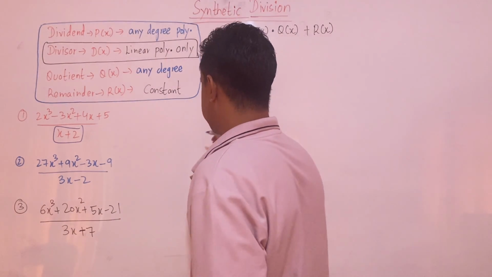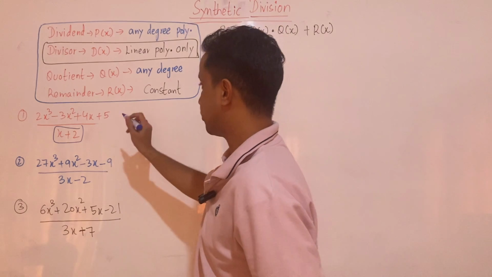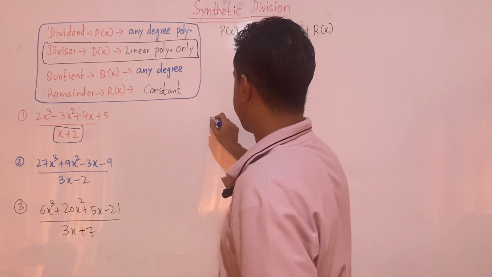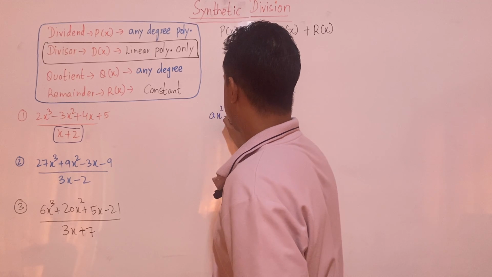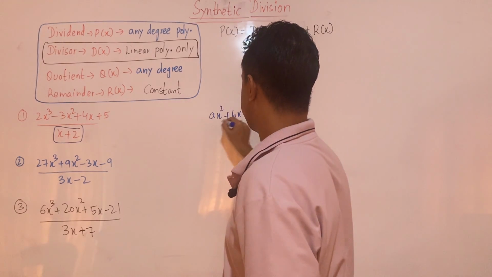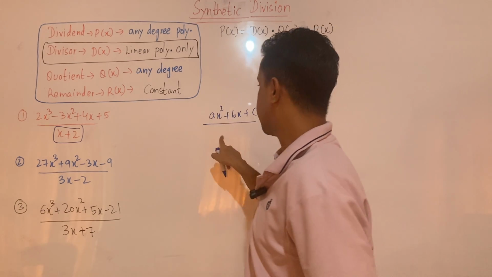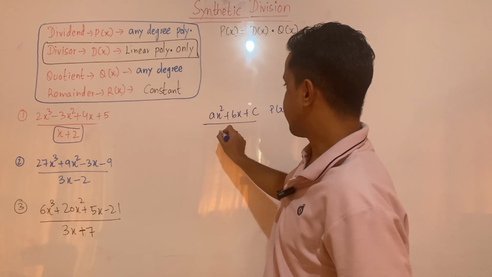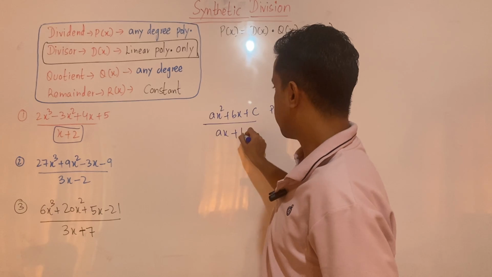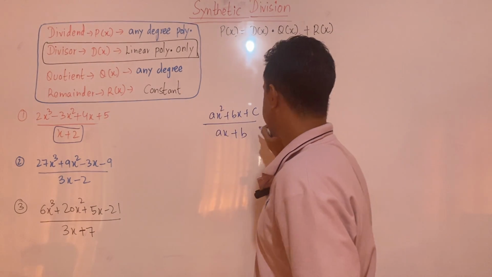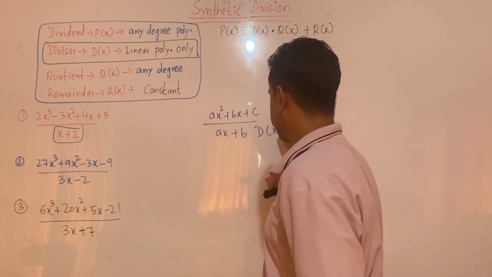For example, I have ax squared plus bx plus c; this is my p(x). And here I have ax plus b; this is my linear polynomial, which is the divisor d(x).